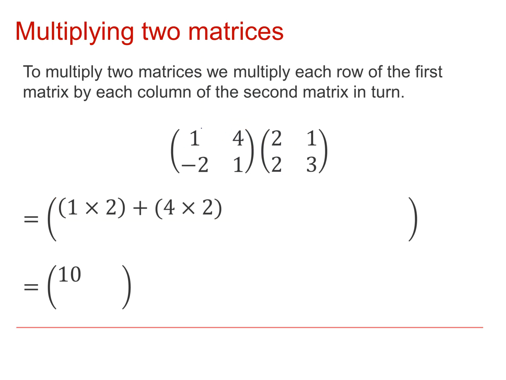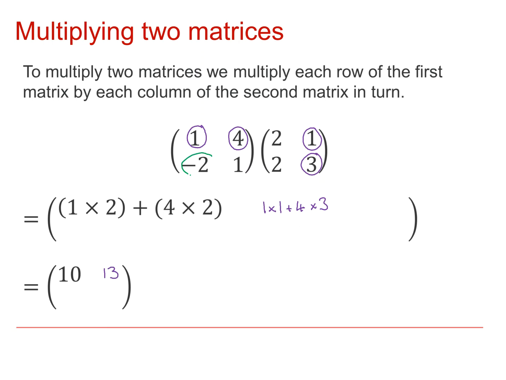For the next element we multiply 1 by 1 and then 4 by 3. That gives us 13, so that will be the top right element.